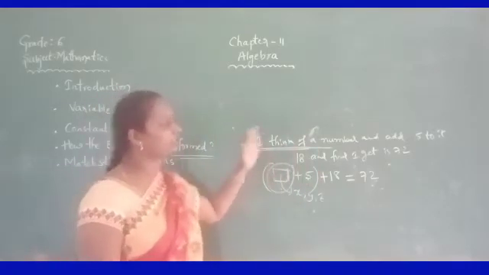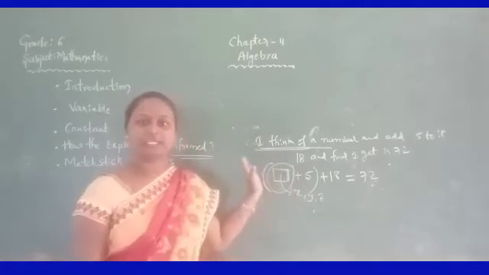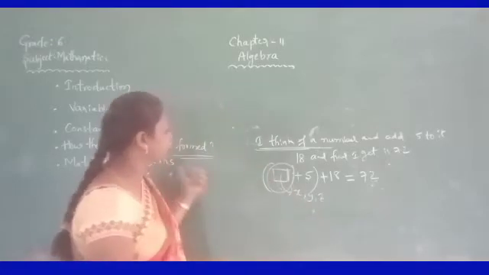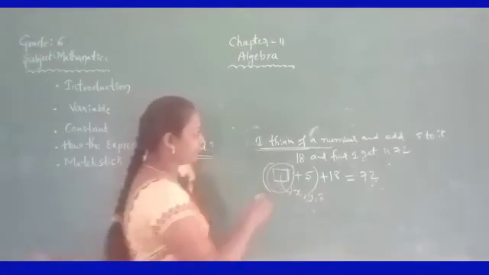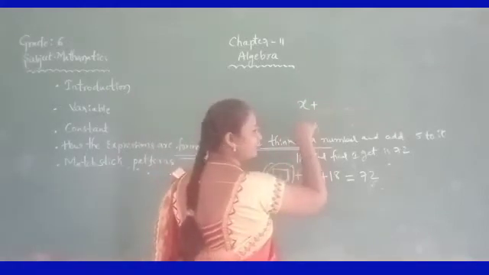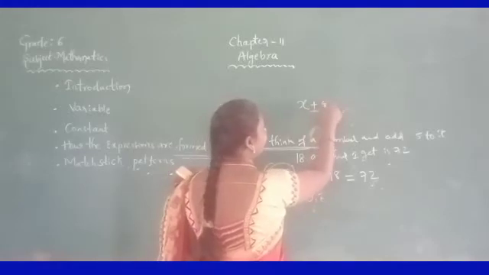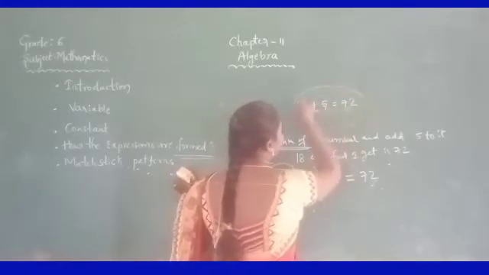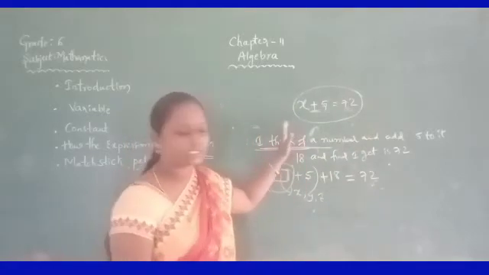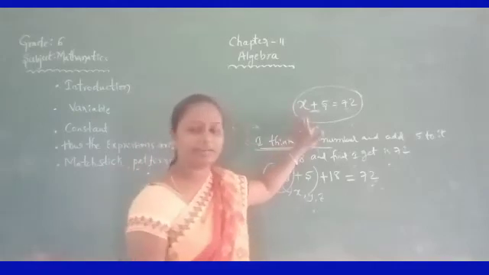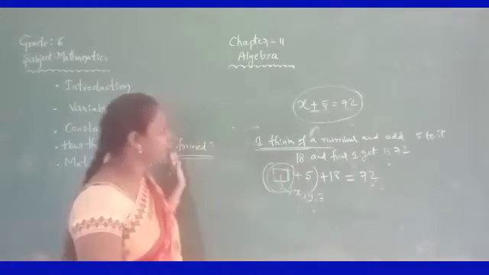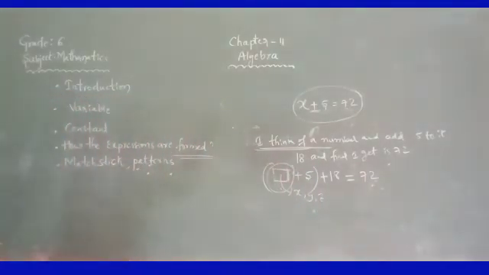At that time we don't know the number, so we use a variable. Like that, expressions are formed. It is an algebraic expression. Algebraic expressions are formed by the combination of variables, constants and arithmetic operations.